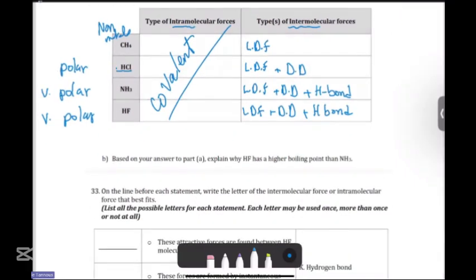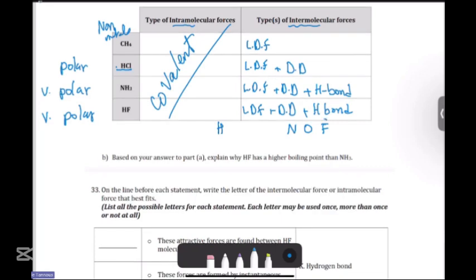The reason, if I look at the periodic table, that's N, and there's O and there's F, that's HF. F, we studied that in term 1, is the most electronegative element in the periodic table.